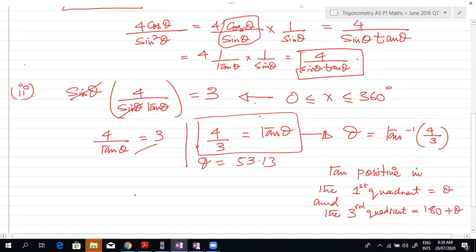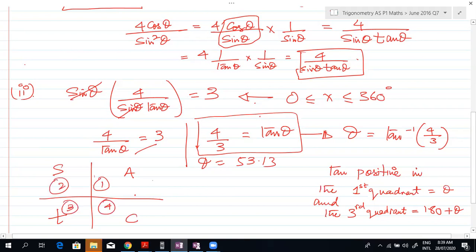So just to give you a recap right over here, we have A, all positive, then only sine, only tan, only cos. This is the first quadrant, this is the second, this is the third, this is the fourth. The first quadrant is only angle theta, the second one is 180 minus theta, the third one is 180 plus theta, the fourth one is 360 minus theta.